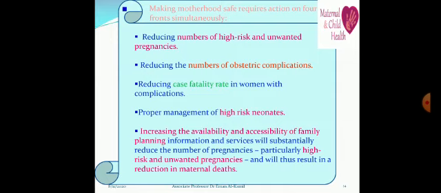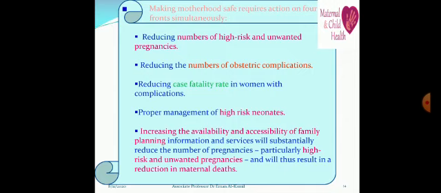Reducing the number of obstetric complications: it is important to advise the mother or women to have delivery at hospital in order to have early management and intervention to prevent any complication during delivery. Reducing the case fatality rate in women with complications: we always try to manage women with different types of health problems in order to prevent death during pregnancy, delivery or puerperium.